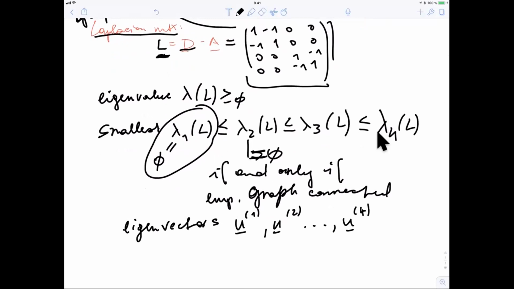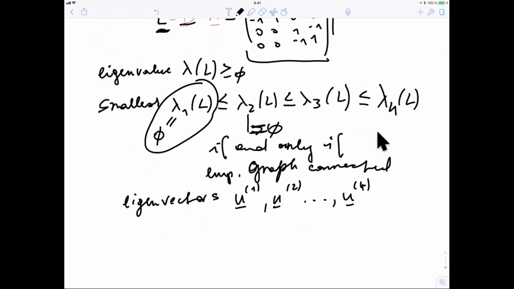These eigenvectors correspond to the eigenvalues. So for example, the first eigenvector is such that if we apply the Laplacian, we get lambda 1 times U1. And the second one is defined by lambda 2, the second eigenvalue, times U2 equals L times U2.